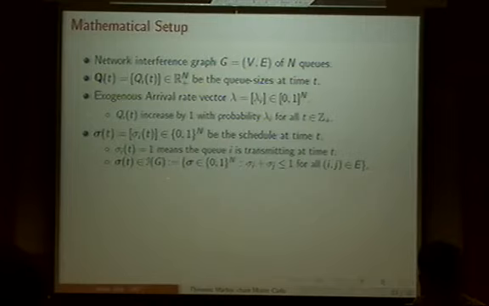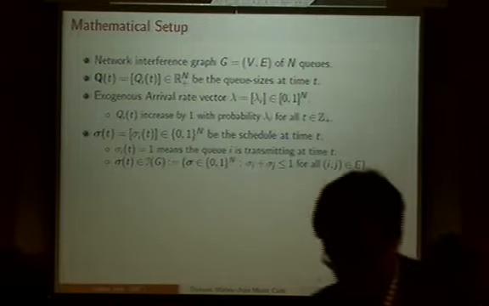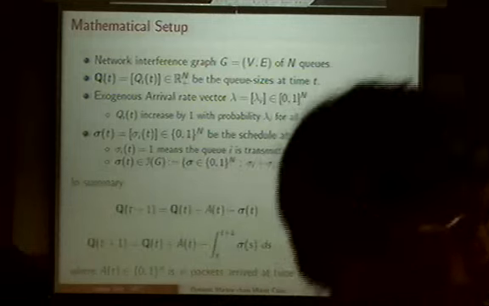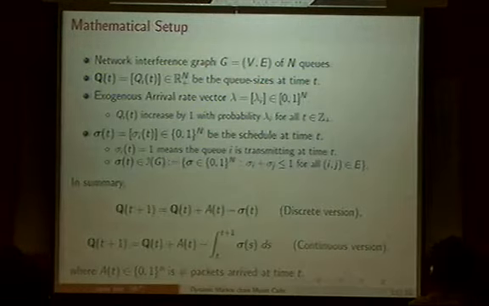As I explained earlier, queues Qi and Qj cannot transmit at the same time. It means that each is 0 or 1, but both cannot be 1. This sigma t is always in this independence constraint. In summary, this equation summarizes all this setup.